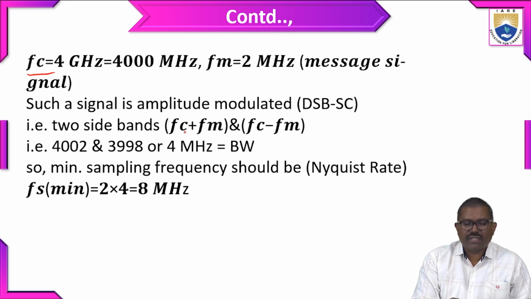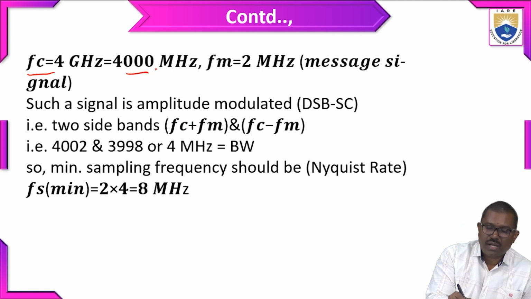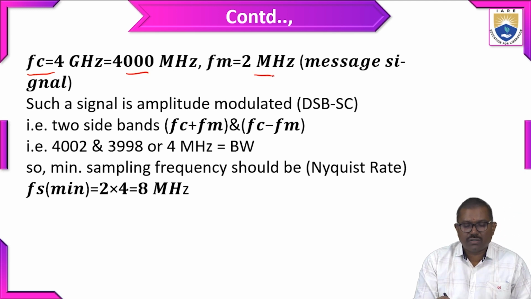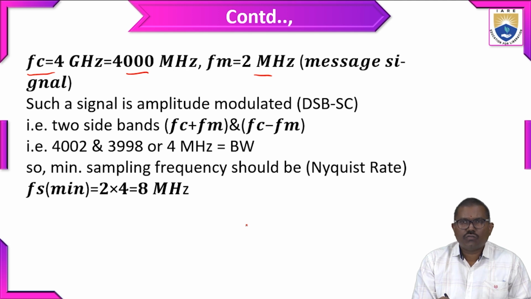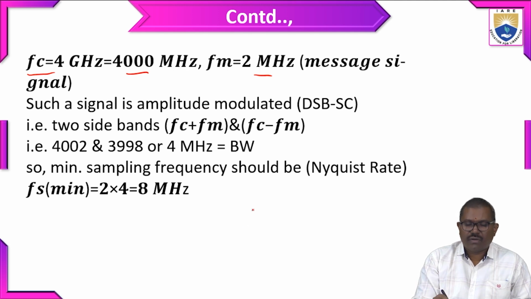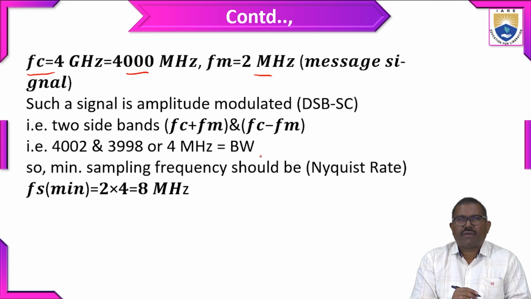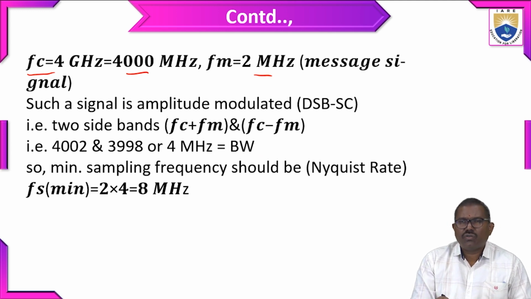Given fc as 4000 and fm as 2 MHz, for the upper sideband you add these 2: 4000 MHz plus 2 is 4002 MHz. For fc minus fm, 4000 minus 2 is 3998 MHz.